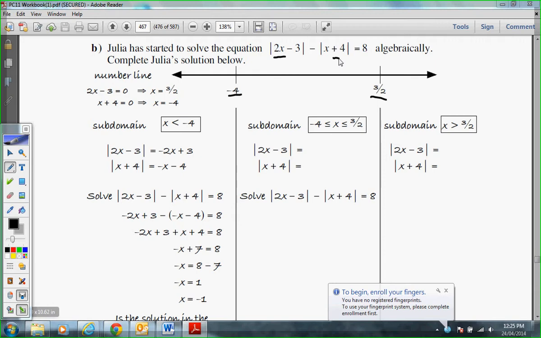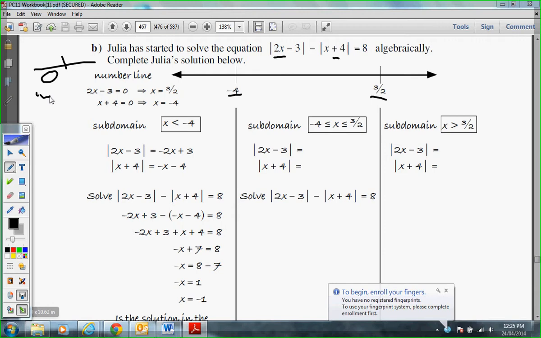What did we do when we had 1 absolute value and we were on the left side of it and we were solving? Remember our lines yesterday. When we were on this side and we were solving, what did we do? Yeah, the opposite.